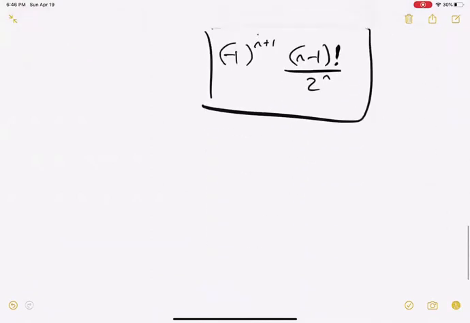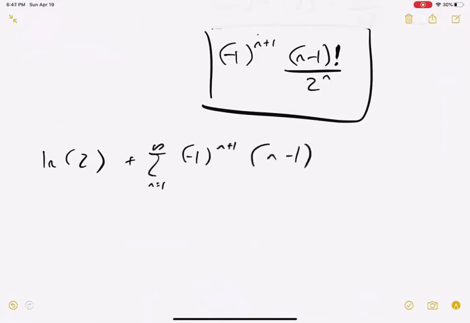So I have ln of 2 plus the series starting at 1 of negative 1 to the n plus 1, n minus 1 factorial over 2 to the n, and then that's all over n factorial, right?